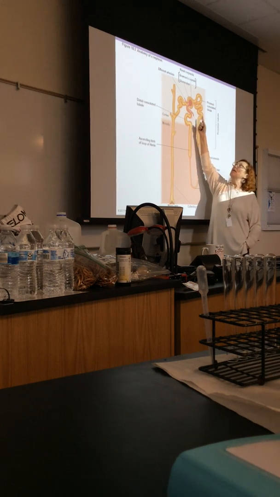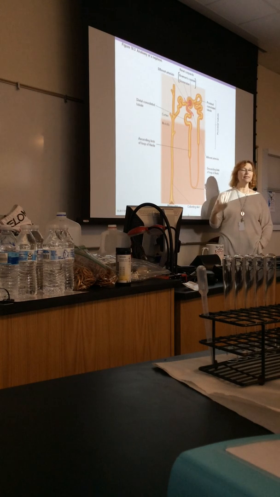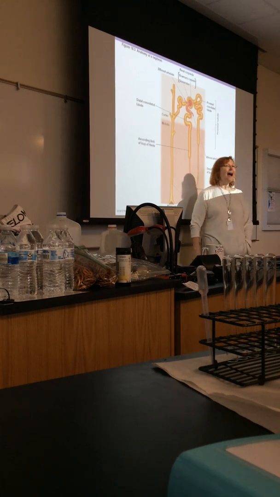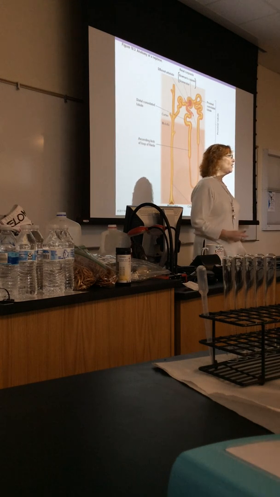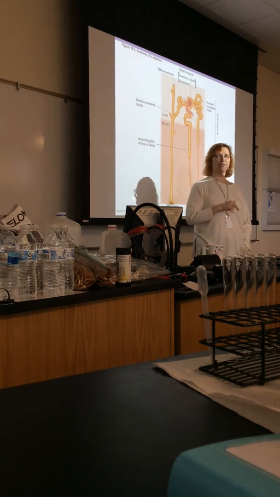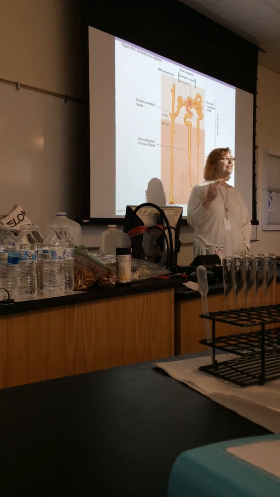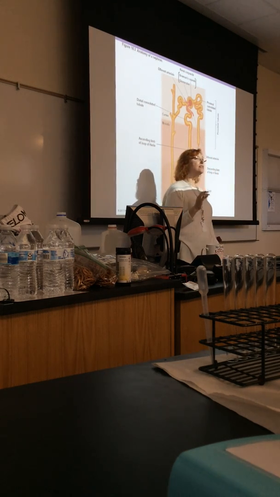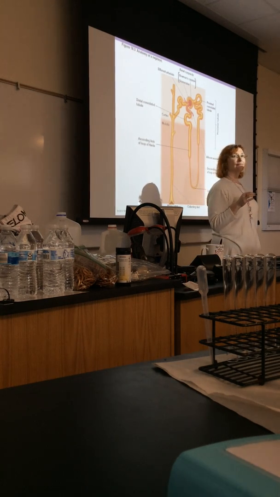I have my arteriole, because we know arterioles lead to capillaries, right? I have my arteriole that goes in. We call that my afferent arteriole. When we leave, it's efferent because we're leaving, but it's still arteriole. Why?